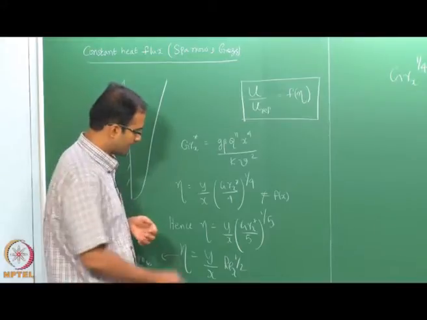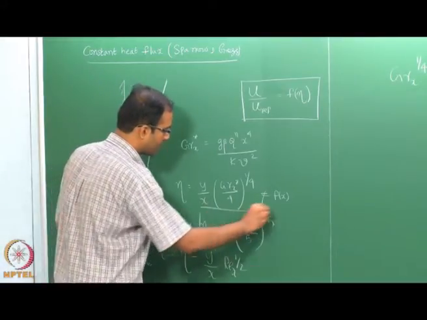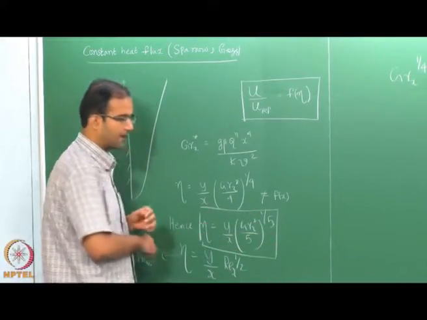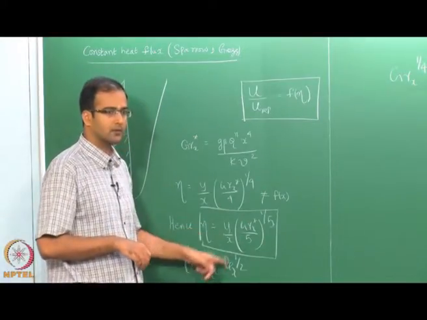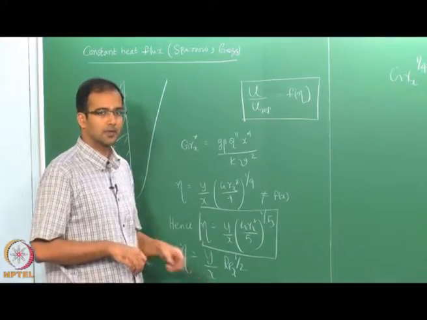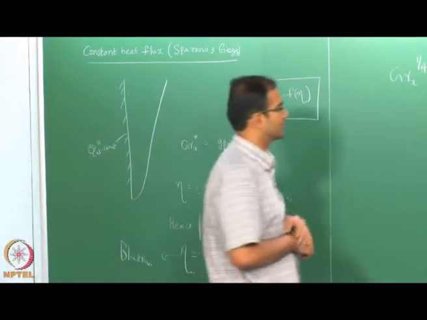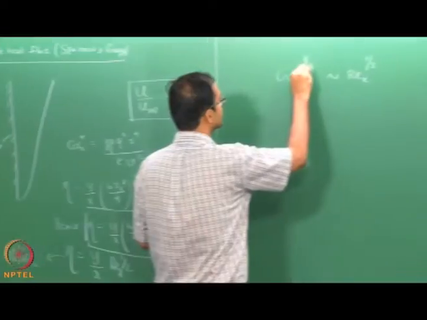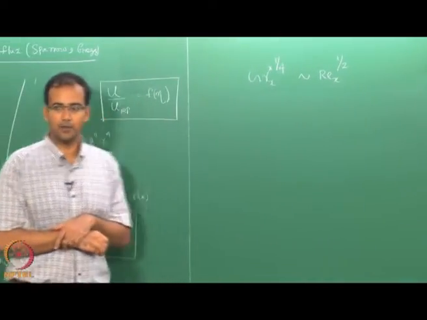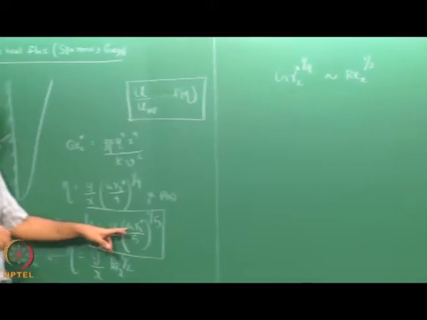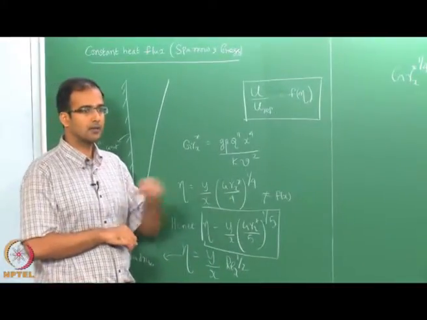Now in the present case, with the modified Grashof number, we have a modified similarity variable, so how do we do the order of magnitude in terms of Gr star? This cannot be the same, because now we have modified our similarity variable to be Gr star to the power 1/5.